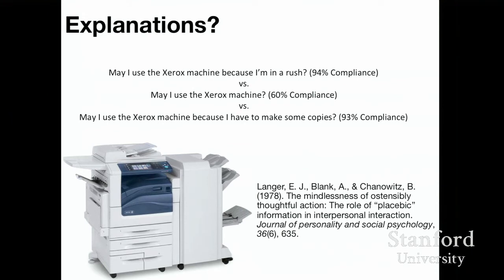But then they had this statement saying, because I need to make some copies, which doesn't offer any additional information over the control, yet people were significantly more likely to allow them to cut in line when they said it. It was actually indistinguishable from providing a real excuse, like because I'm in a rush. And so this appears to be the same effect that we saw online, which is that any explanation will do, and people are a lot more compliant when you give them something.